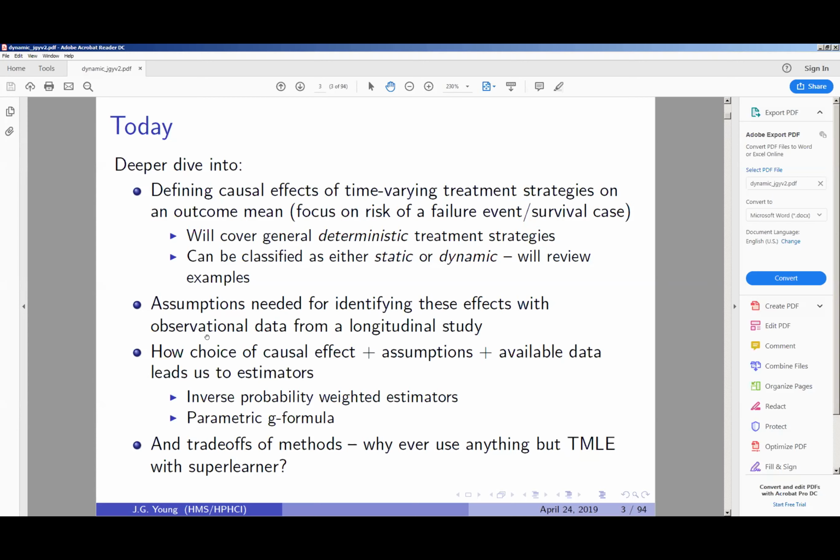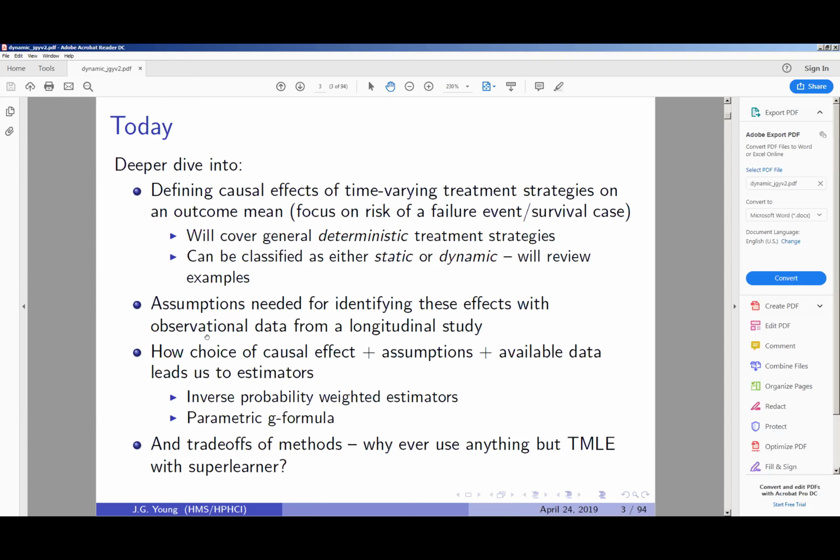We'll review the assumptions needed for identifying these causal effects with observational data from a real-world longitudinal study. We'll talk about how the choice of causal question, the choice of causal effects, coupled with assumptions and then coupled with your real-world data, leads us to potentially various estimators which have different statistical trade-offs.